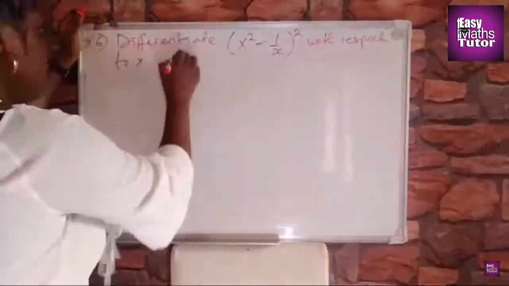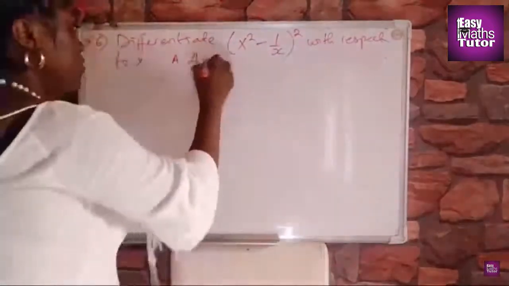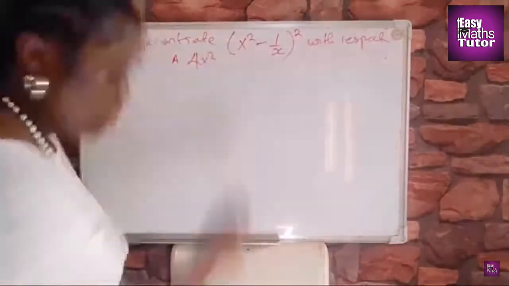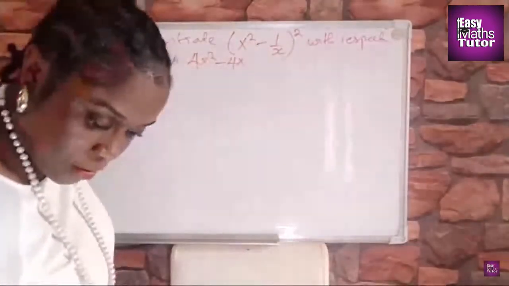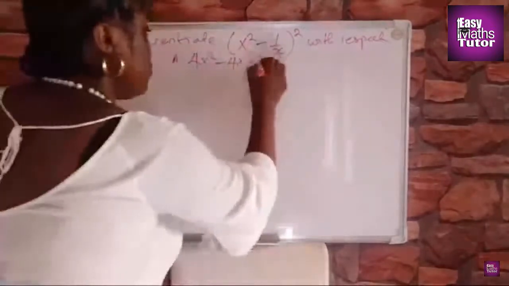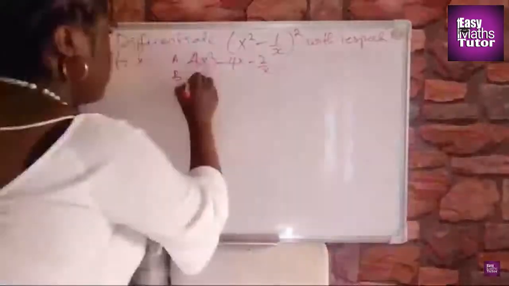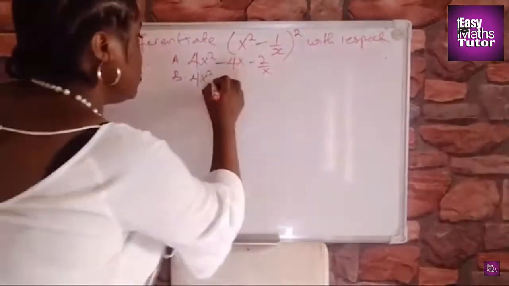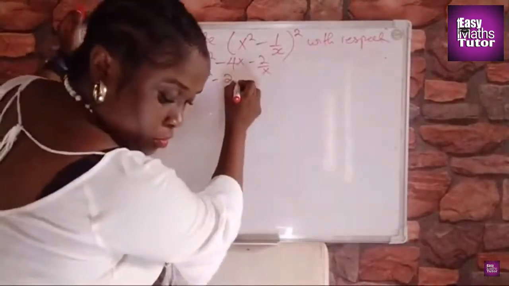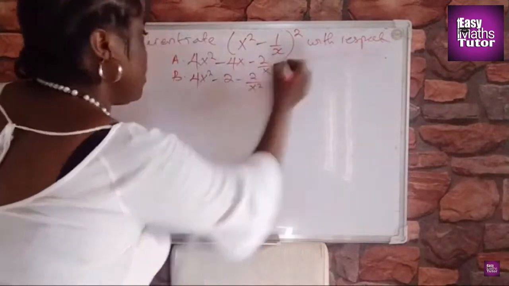All right? Our options: A gives us 4x squared minus 4x minus 2 over x. Our option B gives us 4x squared minus 2 minus 2 over x squared.